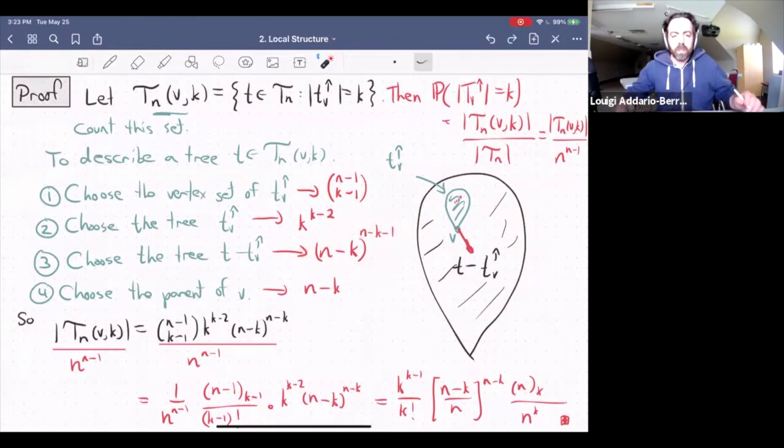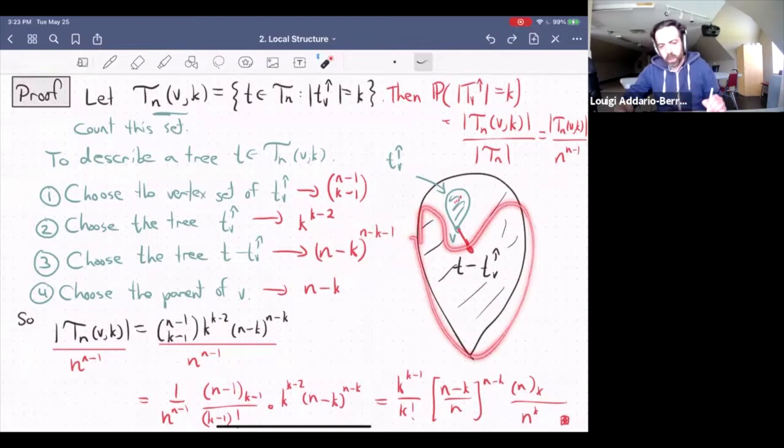But the factor doesn't depend on the tree. It's the same whatever tree out here I insist on with that vertex set. So the number of possibilities in this construction procedure, where I decide instead of picking an arbitrary tree at step 3 to fix a particular tree at step 3, is always the same. And so then the distribution must be uniform over all the possibilities.